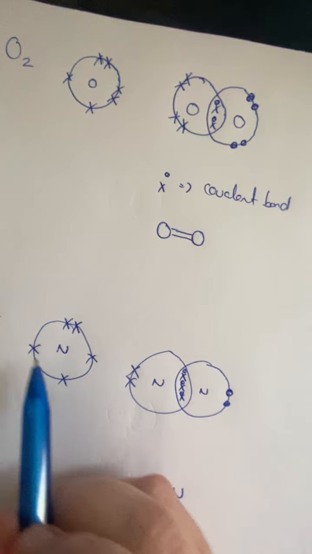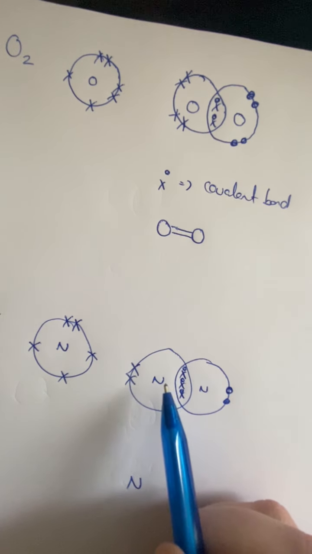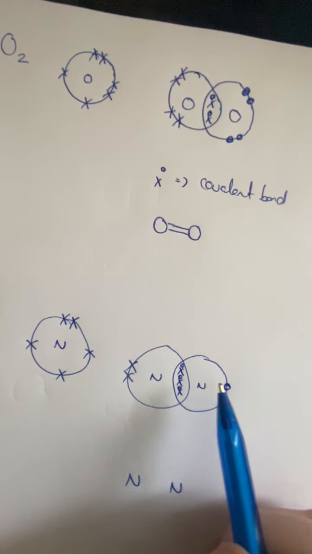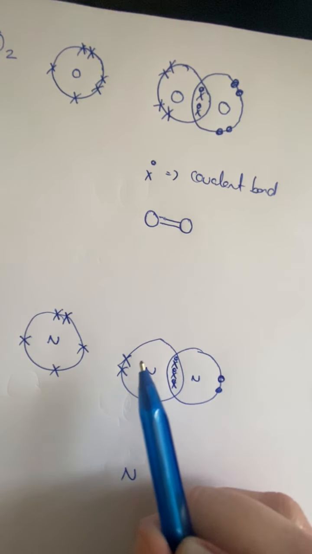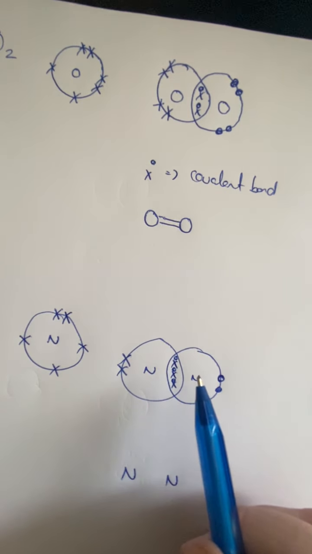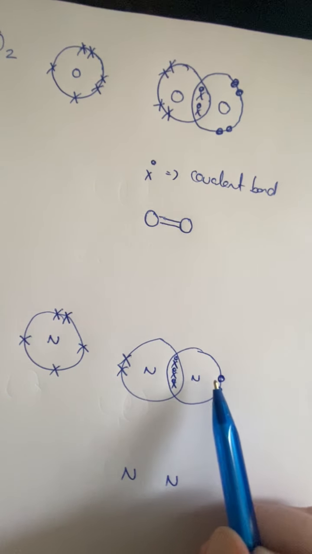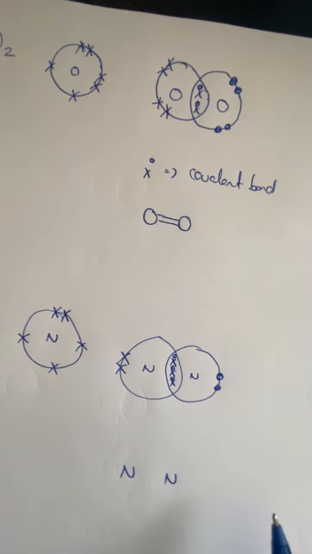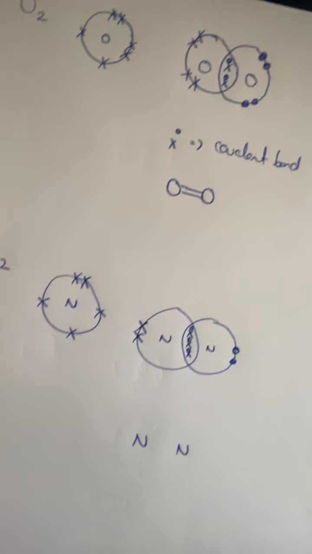The exact same here. You had 5 on the left. You now have 1, 2, 3, 4, 5, 6, 7, and 8. So this left nitrogen atom here has 8 electrons. And then this right nitrogen atom is 1, 2, 3, 4, 5, 6, 7, and 8. So that also has 8 electrons.